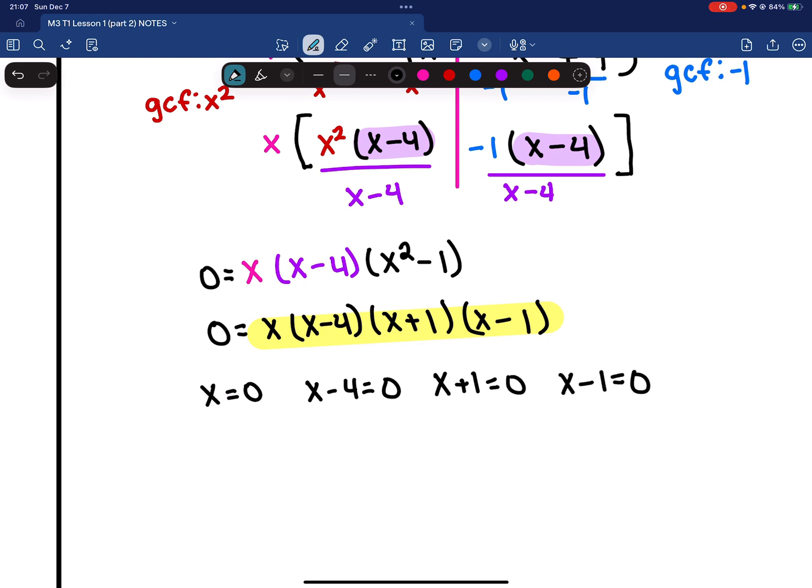First one, you don't need to do anything for. Second one, we need to add 4 to both sides. Third one, we need to subtract 1 from both sides. And the last one, we need to add 1 on both sides.